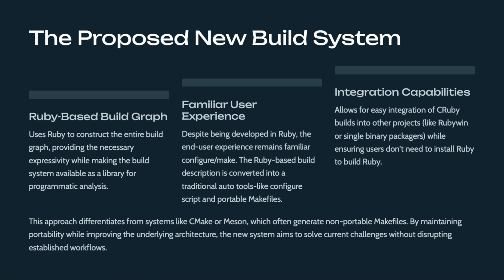For tooling and analysis. Right. This makes it much easier to verify properties, like ensuring there are no unintended base Ruby dependencies in the tarball build plan. And it could potentially integrate better with other related tools or projects, like the Ruby build process for Windows, or tools used by binary packagers.